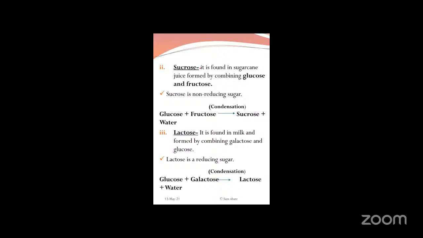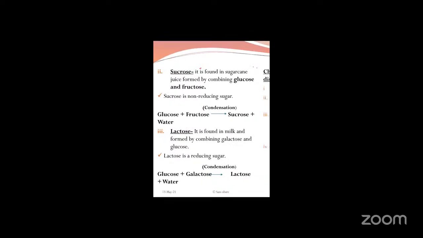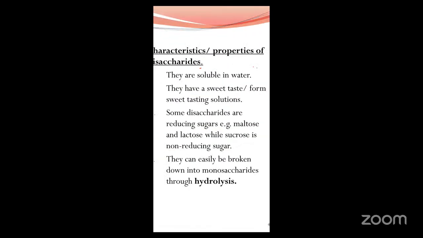Is it sour? Is it tasteless? If you have ever eaten sugarcane, you know it has sugar and sugarcane sugar is sweet. So therefore, give me one characteristic or property of a disaccharide. Of course, you guessed it. They are sweet tasting. So all disaccharides are sweet tasting. Even if you dissolve them in water, they will be very, very sweet.